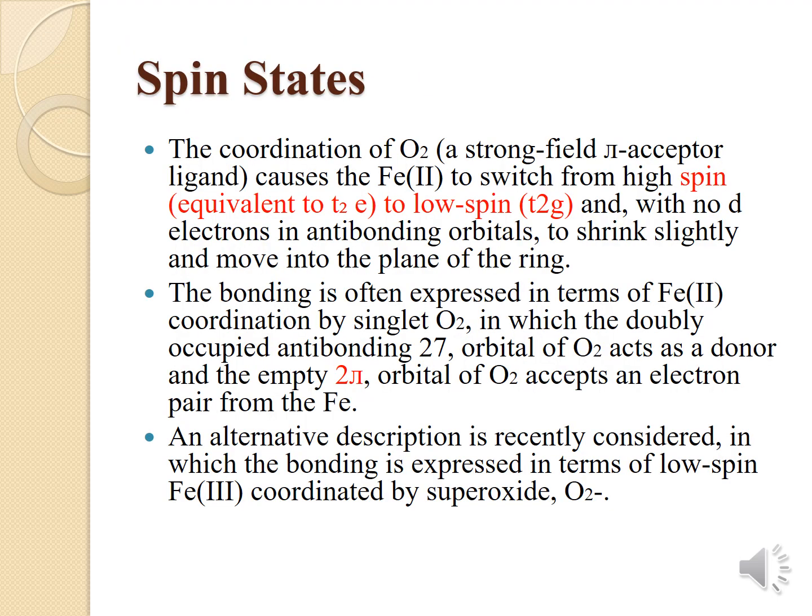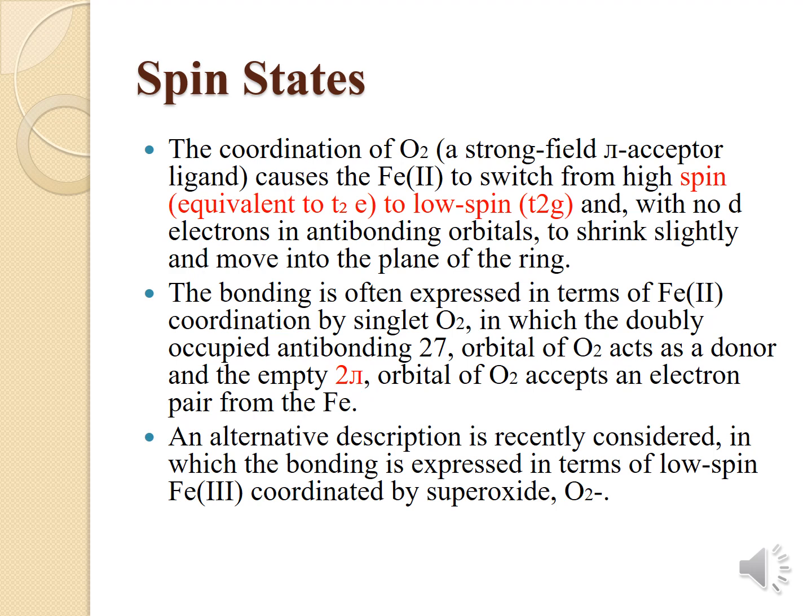Then the spin states. The coordination of oxygen causes the Fe2+ to switch from high spin to low spin, where no d electrons are in antibonding orbitals, so it shrinks slightly and moves into the plane of the ring.